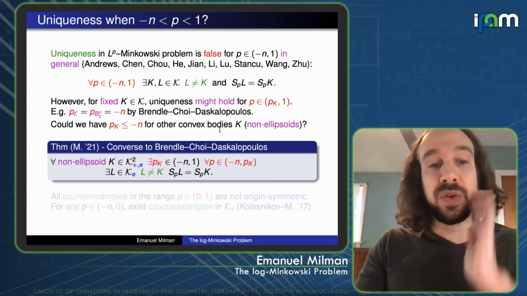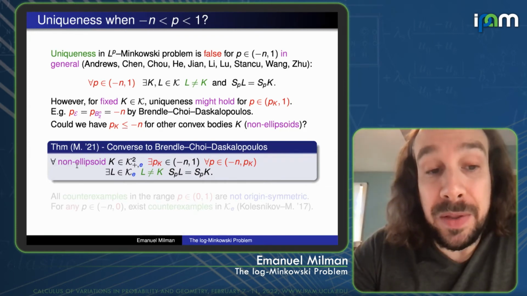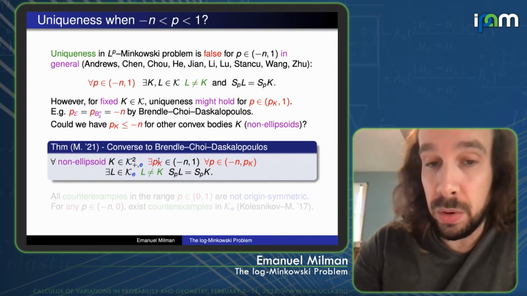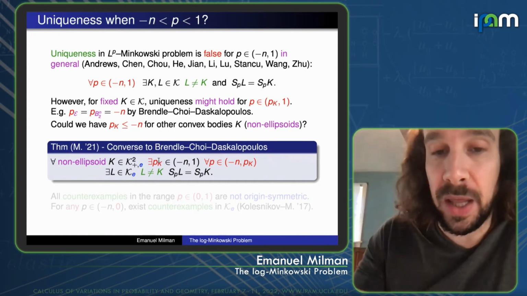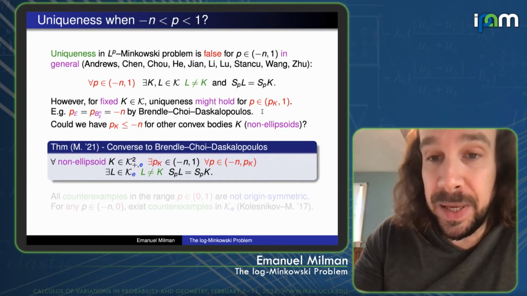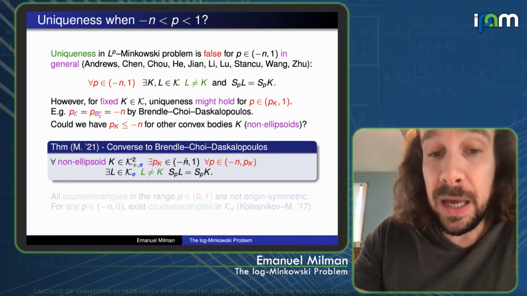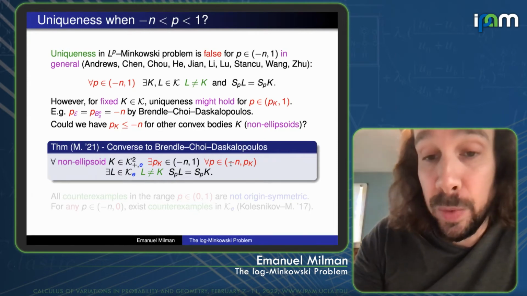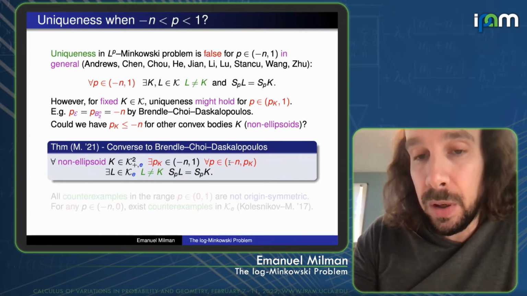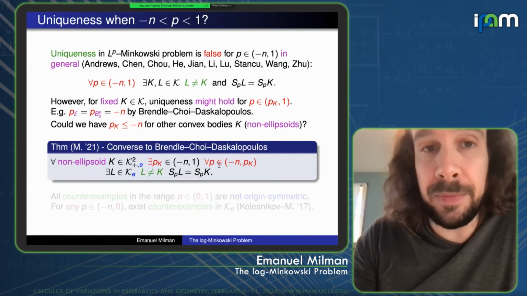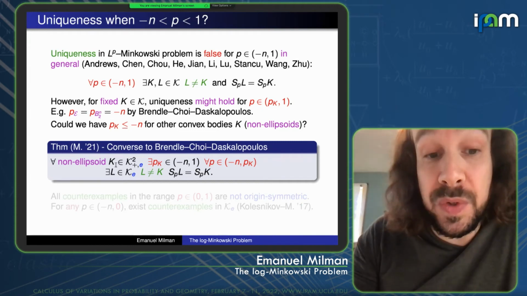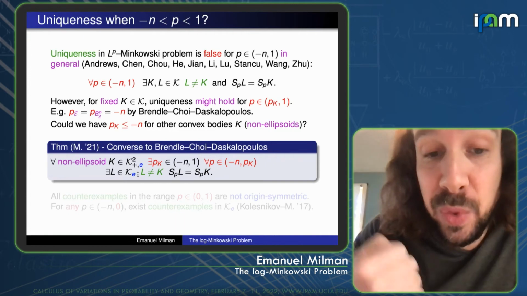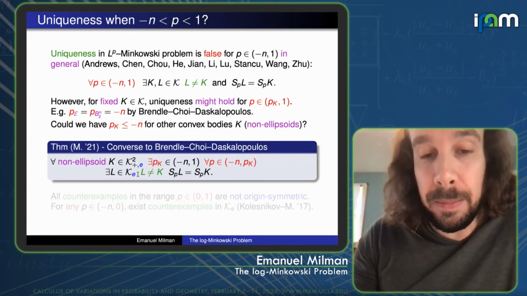However, unfortunately, the answer is no. It turns out that for any smooth body which is not an ellipsoid, you can never reach the critical exponent. So in other words, this p_K where uniqueness stops holding is strictly above minus n, and in the remaining range above minus n but before p_K, you can use your given body K, which is not an ellipsoid, as a counterexample to the LP Minkowski problem.